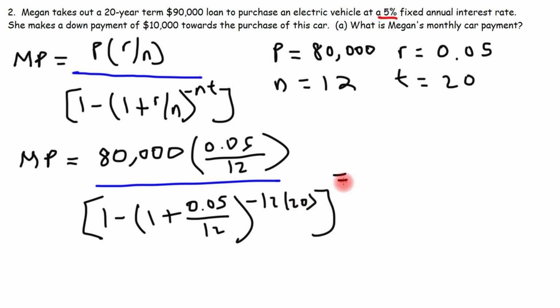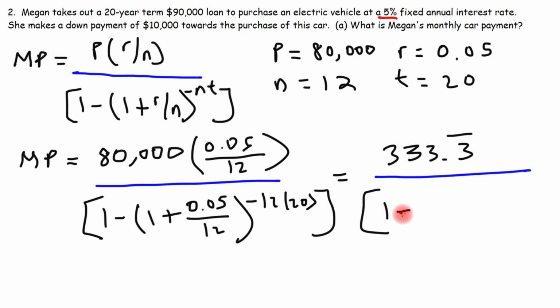So let's simplify this. 80,000 times 0.05 divided by 12. This is 333.3 repeated. 1 plus 0.05 divided by 12, that's going to be 1.00416 repeated. Now, 12 times 20 is 240.